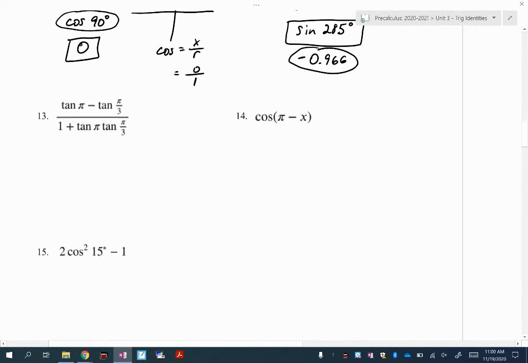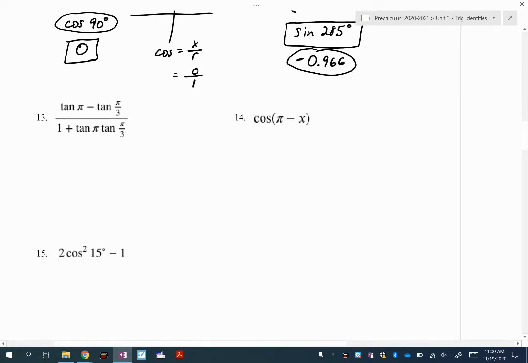Now 13 is one of these tangent ones, and as I'm doing this, we haven't done this in class yet, but the lesson posted today, so hopefully you'll get a chance to watch the tangent identities. So we haven't done any with tangent. But this one says tangent of pi minus tangent of pi over 3 over 1 plus the tangent of pi times the tangent of pi over 3. So this is actually the tangent of pi minus pi over 3.